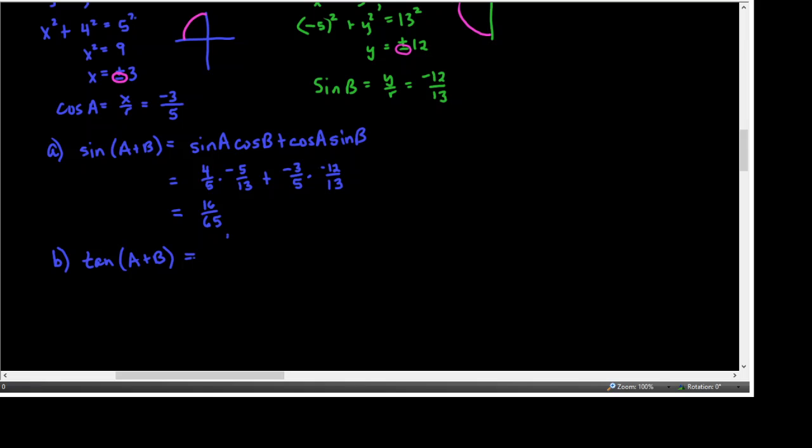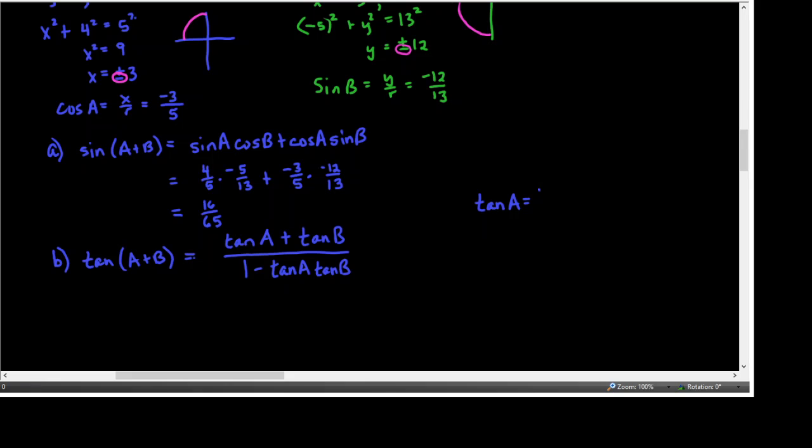So that is tangent of the first, keep the sign, tangent of the second, divided by 1, change the sign, tangent of the first, times tangent of the second. So over here, I'm going to find tangent A and then tangent B.